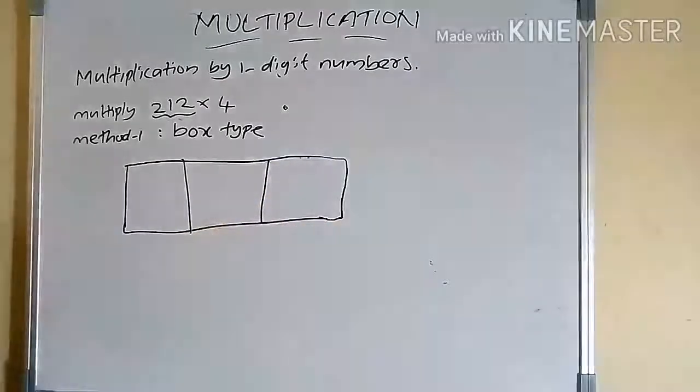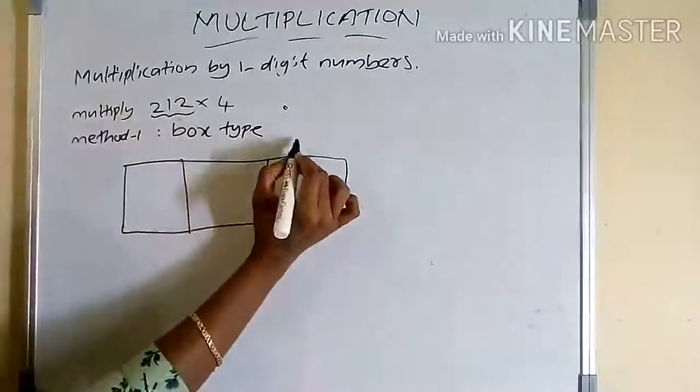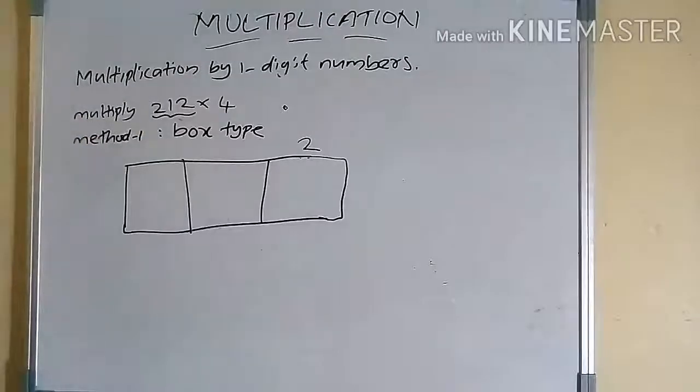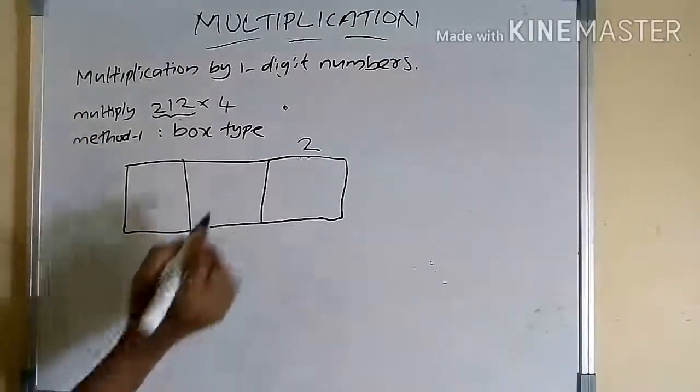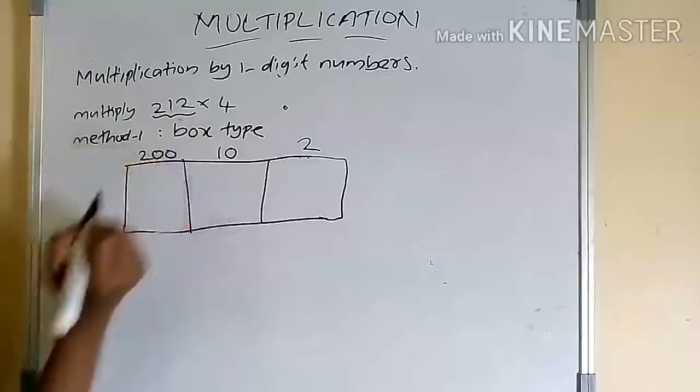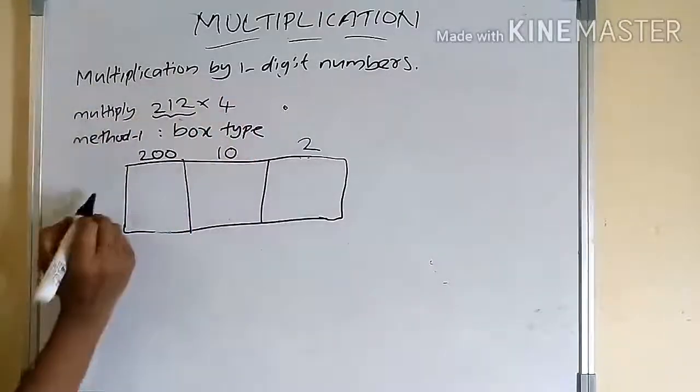In 212, how many ones? 2 ones. So, write 2 here. How many tens? 1 ten, that is 10. So, write 10 in this column. How many hundreds? 200. So, write 200 here. And put this 4 here.